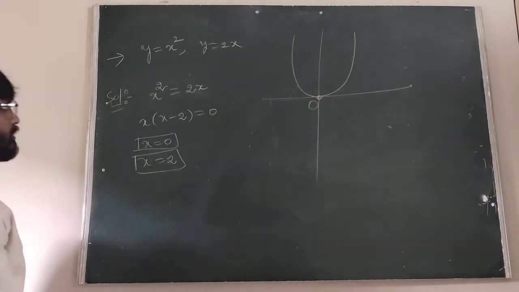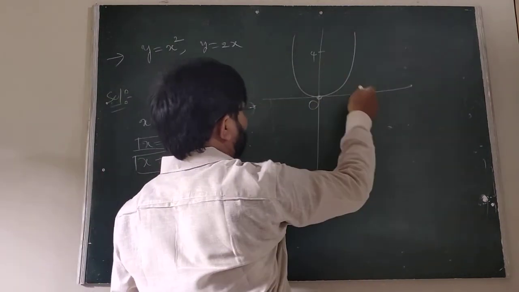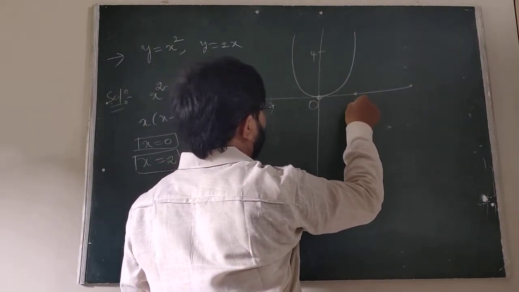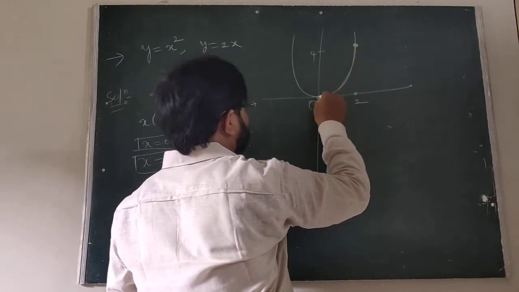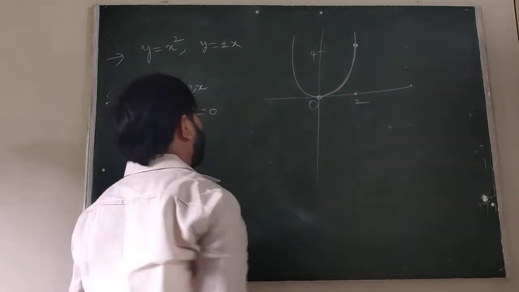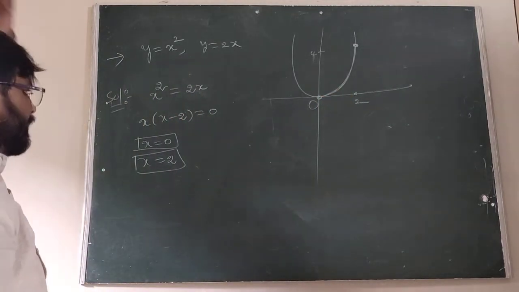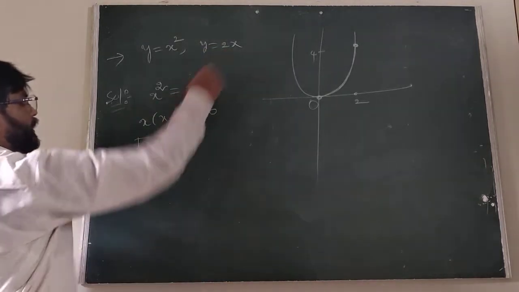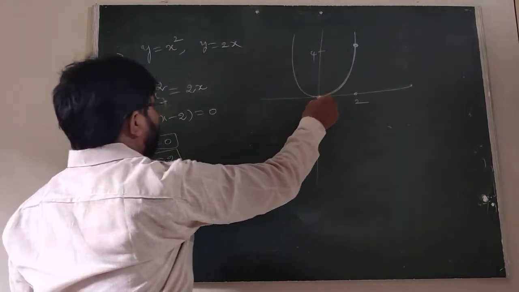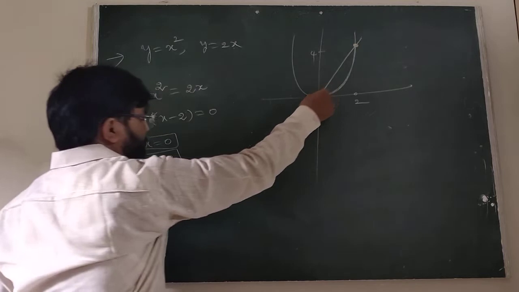When we are taking x equal to 2, y is 4. This is the graph of y equal to x square. After that, we can take the graph of y equal to 2x. When you take x equal to 0, it is 0. When you take x equal to 2, that is 4. Now this is the line.